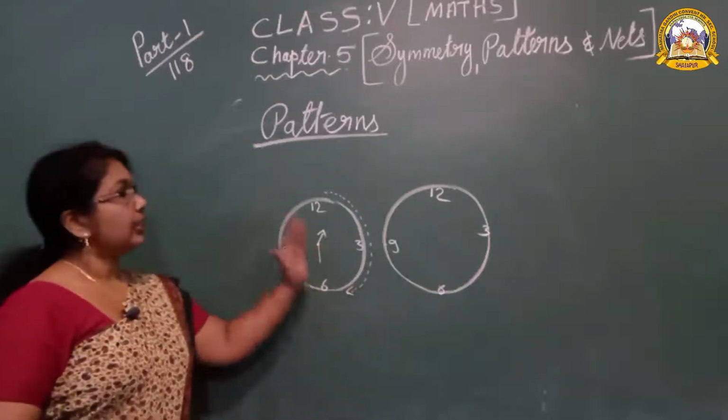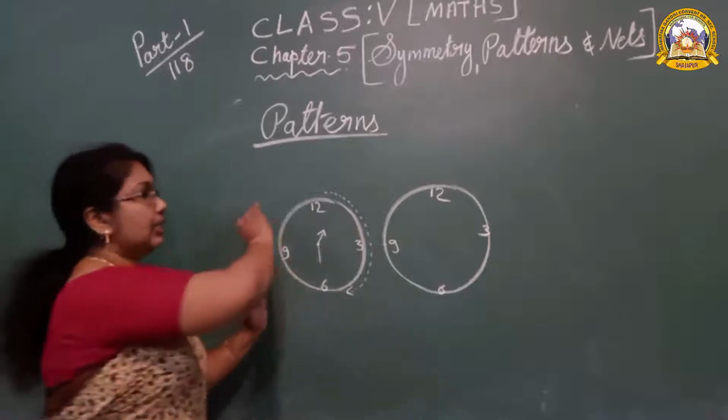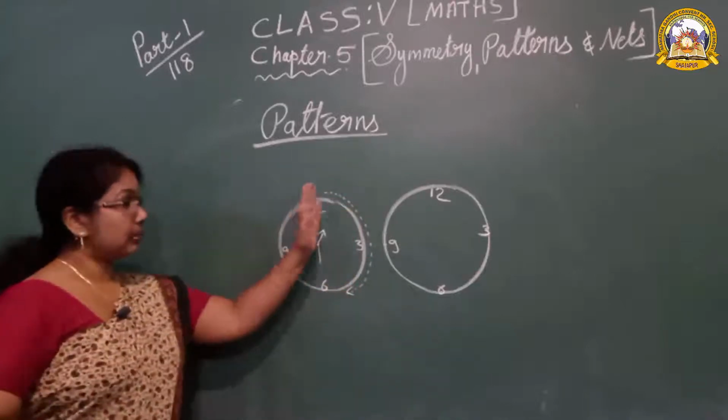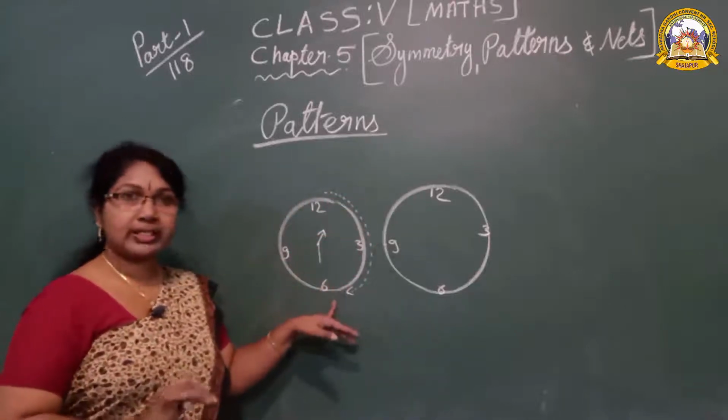Any figure rotating like that, going round with this method, is called clockwise direction. The clock always rotates like that, so it is called clockwise direction.